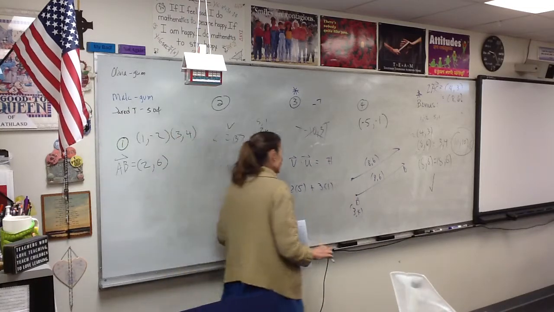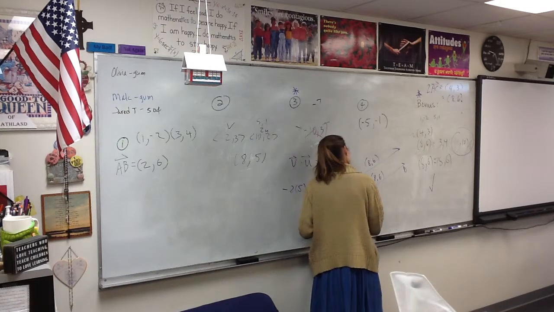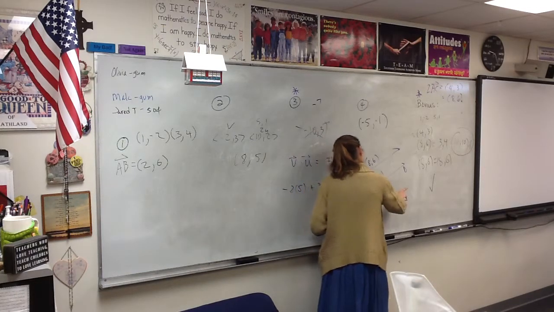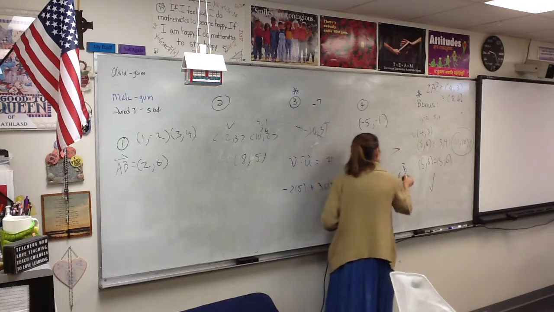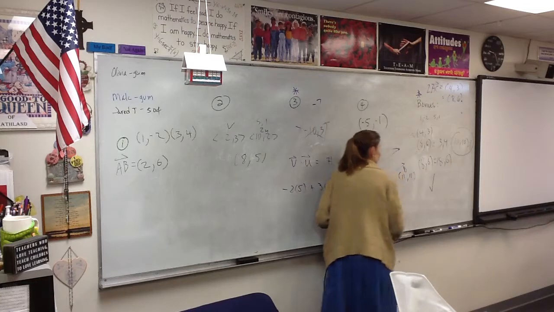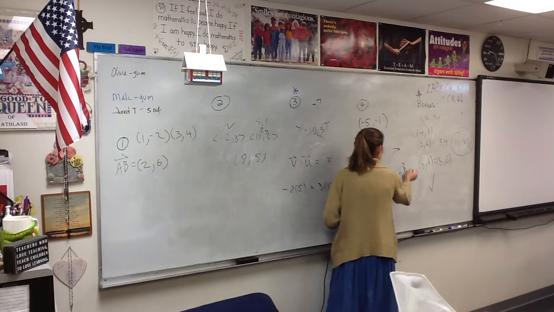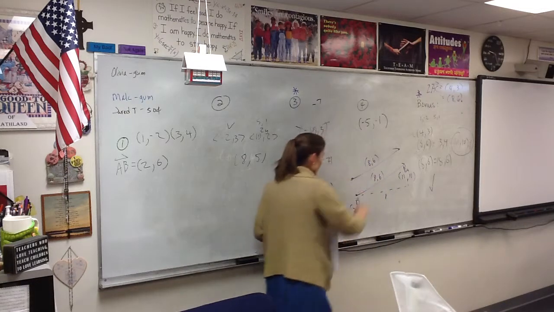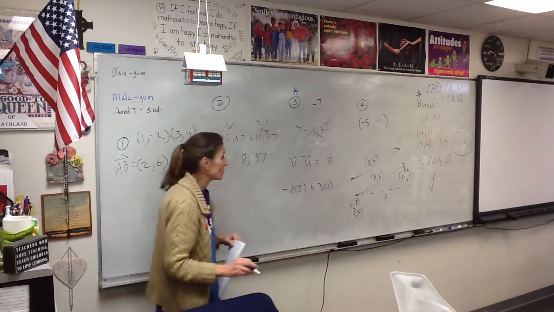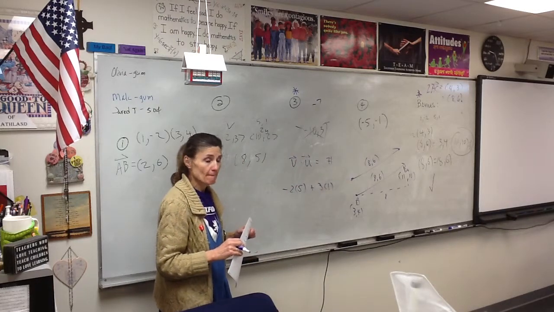So if you start at the point 3, 4, and you travel over 8, up 6, where will you end? 11, 10. That's not a hard question. 3 plus 8 and 4 plus 6. So that is exactly right. 11, 10 is the correct answer.